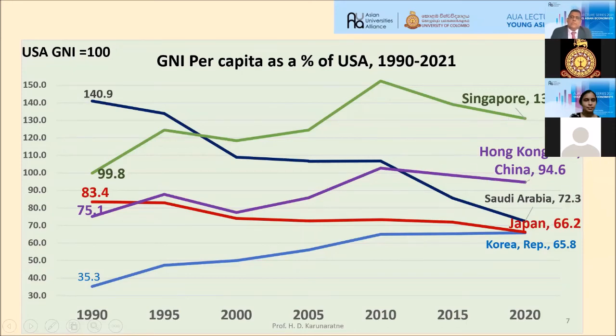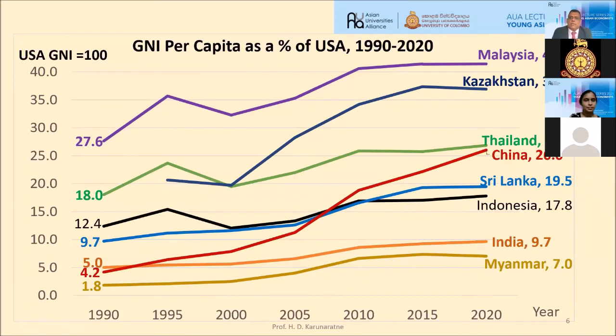Therefore, this comparison is very important to understand our development base during the last 30 years. So within that, among the developing countries, Sri Lanka has achieved certain development during the last 30 years.